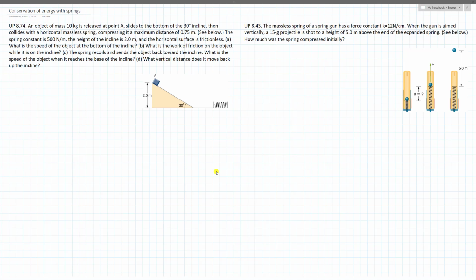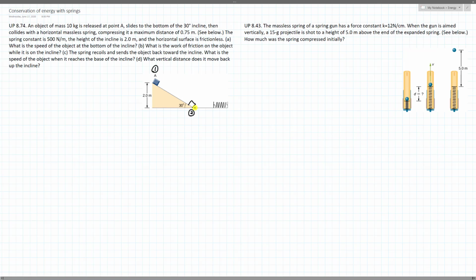So this is a relatively long question. So let's start with making some definitions of these different points in time. I like to call them snapshots. So here is snapshot 1, where the object is at rest, released at the top of the inclined plane. Now it slides down to the bottom of the inclined plane, and this is 2, which means it has gone down the inclined plane.